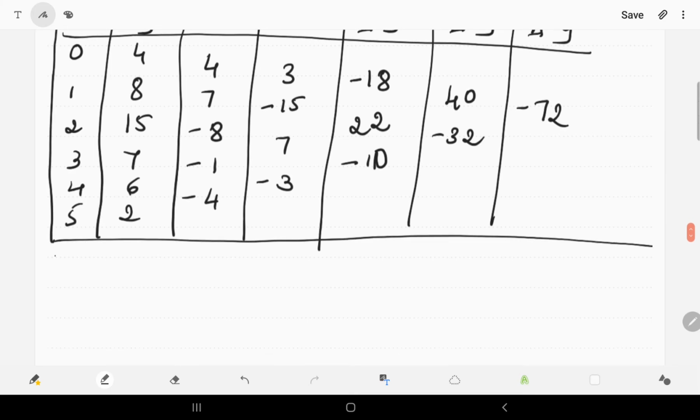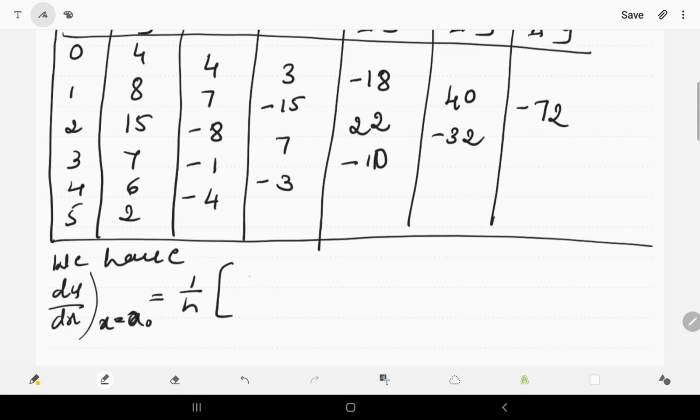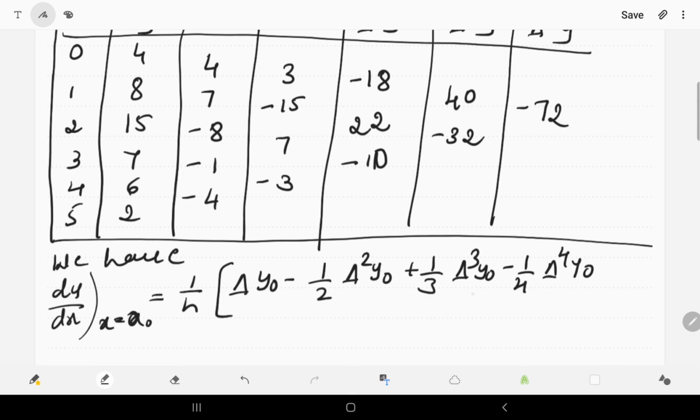Okay, so now we have dy by dx at x equals 0, that is x equal to x naught, is 1 by h into delta y naught minus 1 by 2 delta square y naught plus 1 by 3 delta cube y naught minus 1 by 4 delta raised to 4 y naught plus 1 by 5 delta raised to 5 y naught minus 1 by 6 delta raised to 6 y naught.